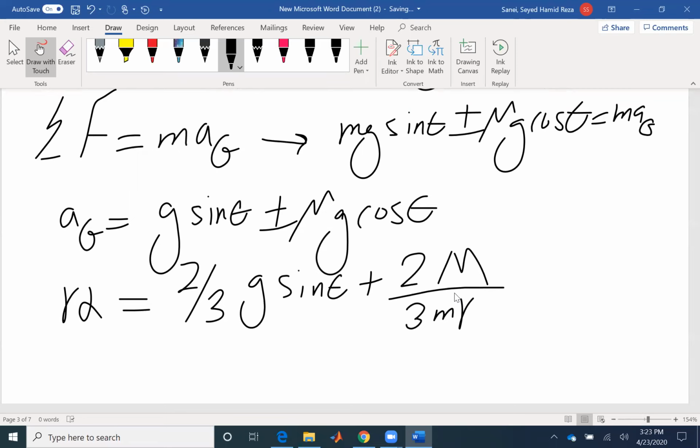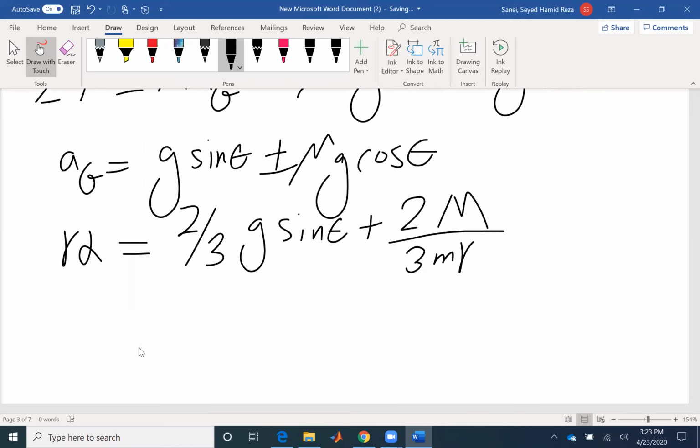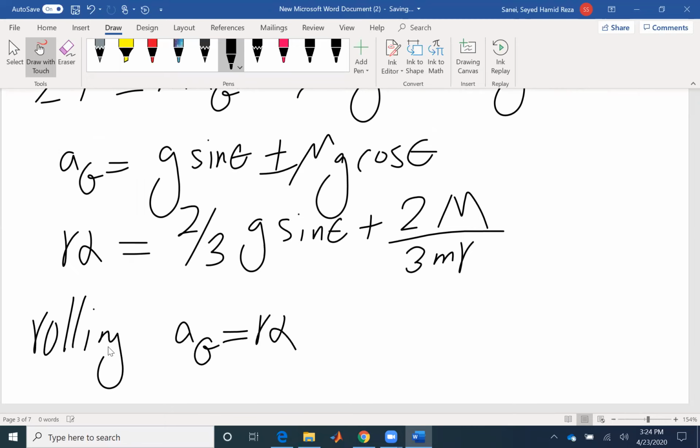This tells us that if we want rolling, we have to have a scenario where ag is equal to r alpha. That means that we have to have the acceleration ag equal to r alpha. But r alpha, depending on the magnitude of m, could be either positive or negative.